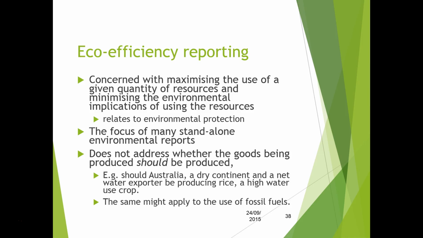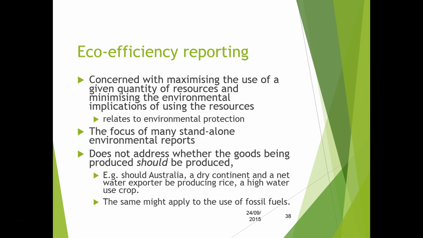Efficiency reporting. This is looking at maximising the use of a given quantity of resources and minimising the environmental implications of using the resources, so related to environmental protection. And they might be looking at particular industry-based types of extraction rates, etc. It's the focus of many standalone environmental reports, and they don't address whether the goods being produced should be produced.